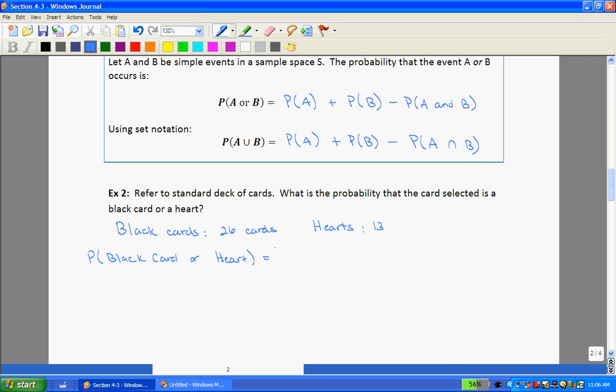And if I use my formula up above, I know that that's really the probability of a black card plus the probability of a heart minus the probability of being a black card and a heart.